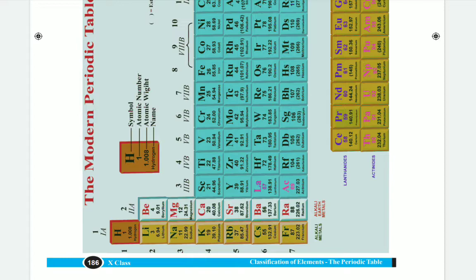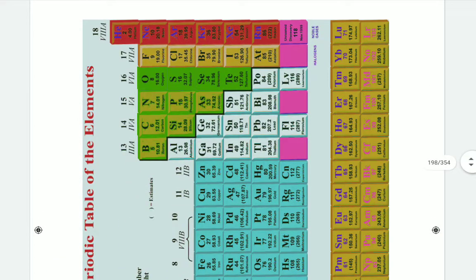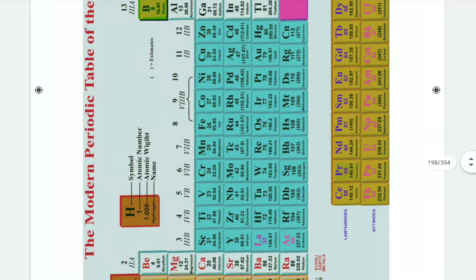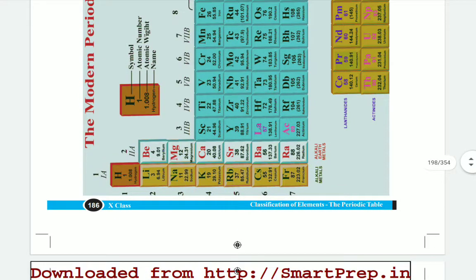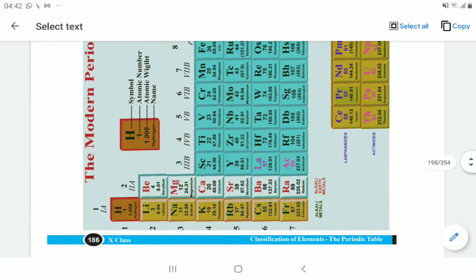The sixth period goes from cesium to radon, atomic number 86. But in between, some other elements will be present at the bottom of this table, which are called the lanthanoids. In the sixth period you can see cesium 55, barium 56 and 57, but after 57 we have 72.